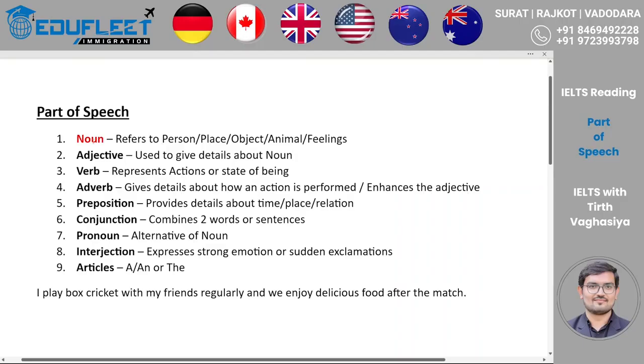To help you understand it quickly, I've written one sentence at the back. If you see, there is one sentence which has different words clubbed together, and we are going to identify the nouns from this sentence. Let's first try to identify a person. Do we see any word in this line that refers to a person?